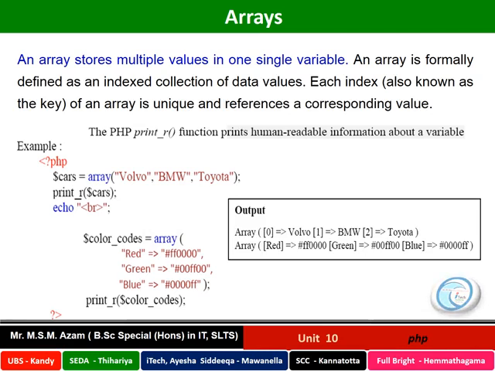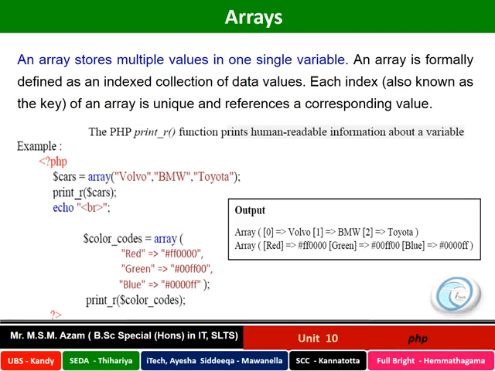An array is formally defined as an indexed collection of data values. Each index, also known as the key of an array, is unique and references a corresponding value. In PHP, there is a function called print_r, which prints human readable information about a variable.